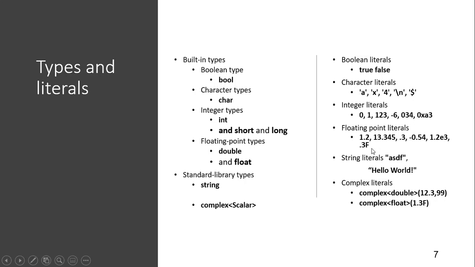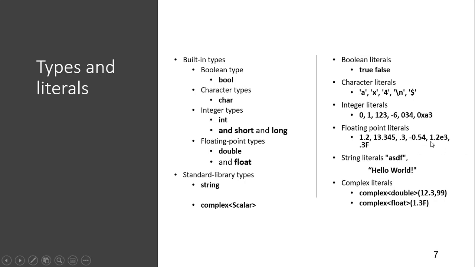ठीक है? These are floating point literals. So floating point literals में जिनके साथ ये f लगा हुआ है, so these are floats. They will be stored in 32 bits या 4 bytes. और जिनके साथ कुछ नहीं है, these are doubles. So 1.2 is a double literal. ठीक है? So it will be stored in 8 bytes.